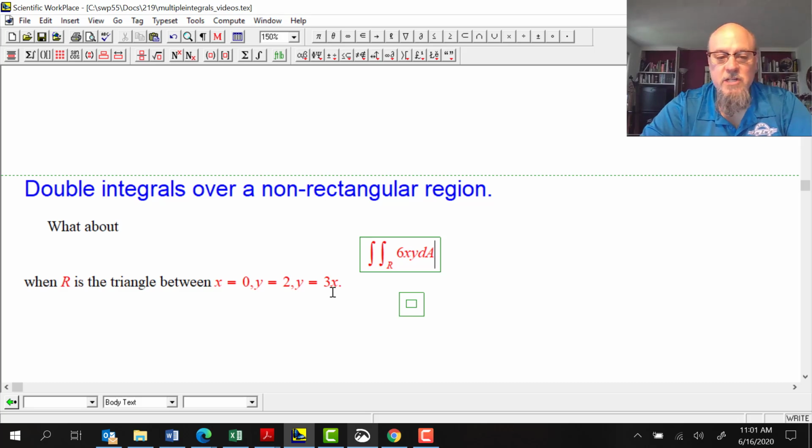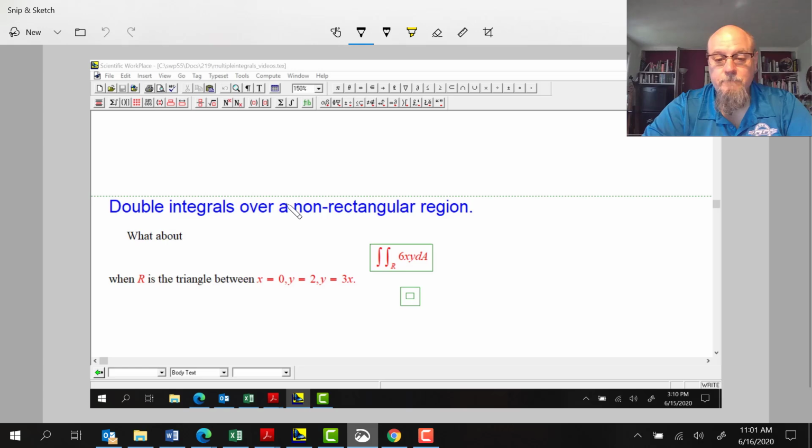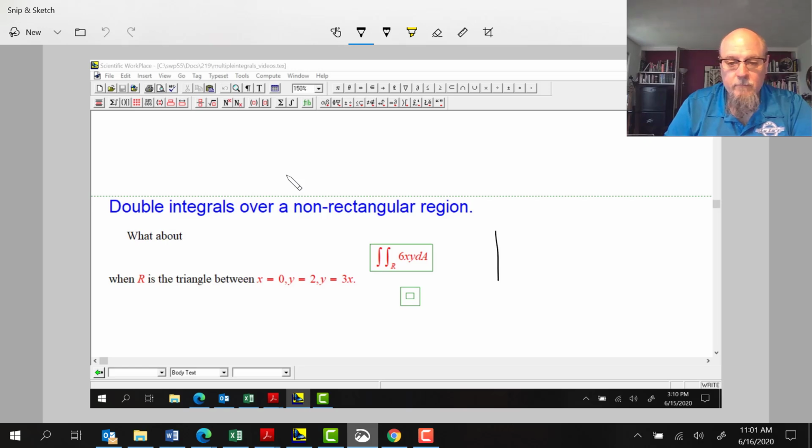So let's see what our region is. It's a triangular region between x equals 0, y equals 2, and y equals 3x.